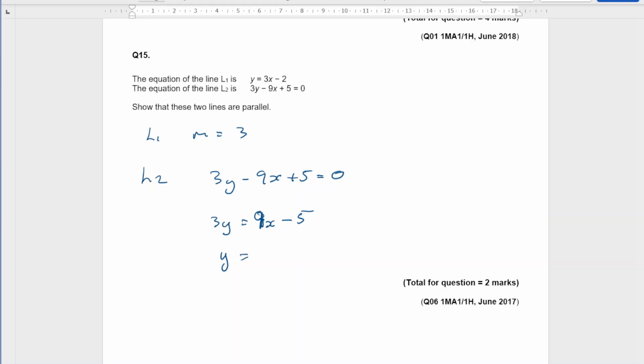So y would be equal to 3x minus 5 over 3. So line 2 also has a gradient of 3. Both have the same gradient, both have gradient of 3, so are parallel.